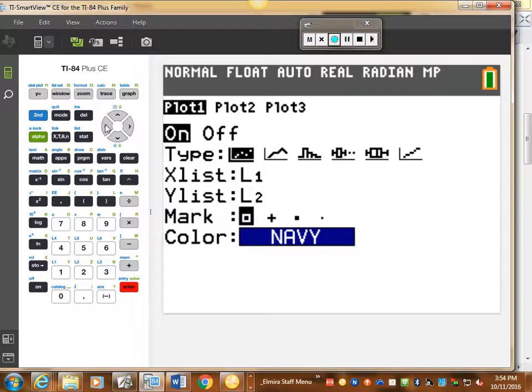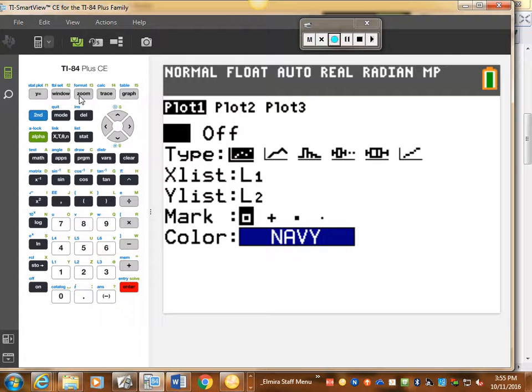Okay, then your data goes into the 50s. If you just hit graph, and I'm not going to because mine is set up already and I don't want to change it, you will not see your dots. So if you want to change the window, you kind of have to know what to change the window to. And your calculator will actually figure out what your calculator window should look like.